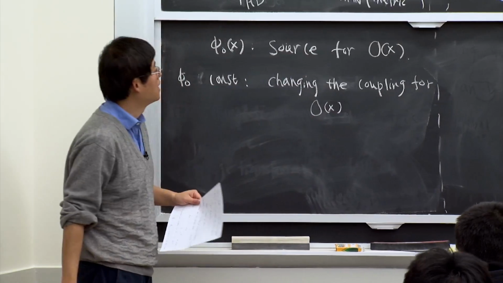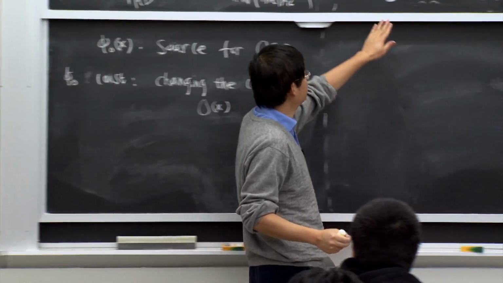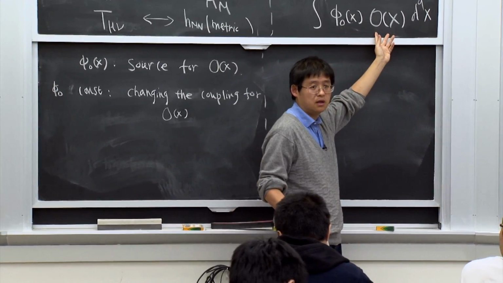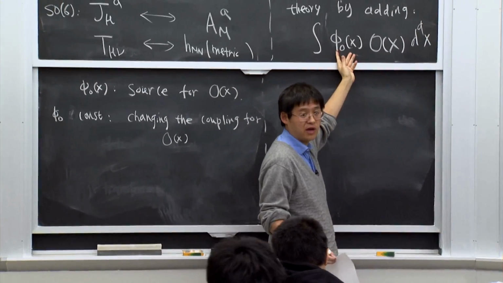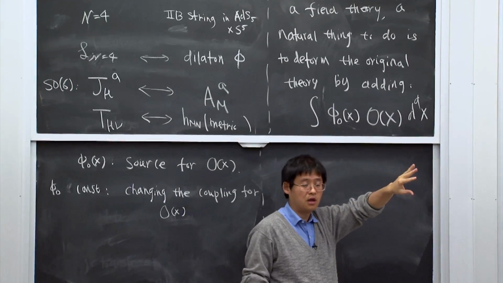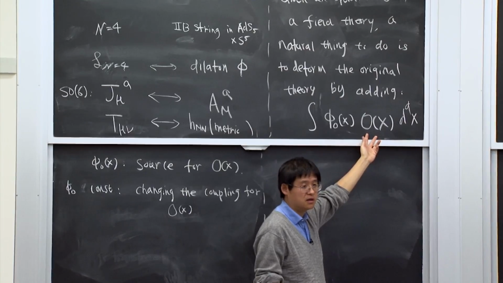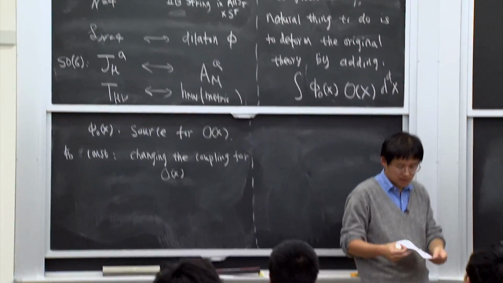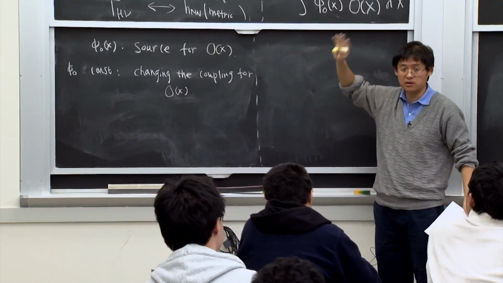Say if your Lagrangian previously already included this operator, and then you add such a term with phi 0 equal to a constant, then you are just changing the coupling for that operator. And if this operator is not there, then you just add a new coupling. But in general, you can make it space-time dependent.